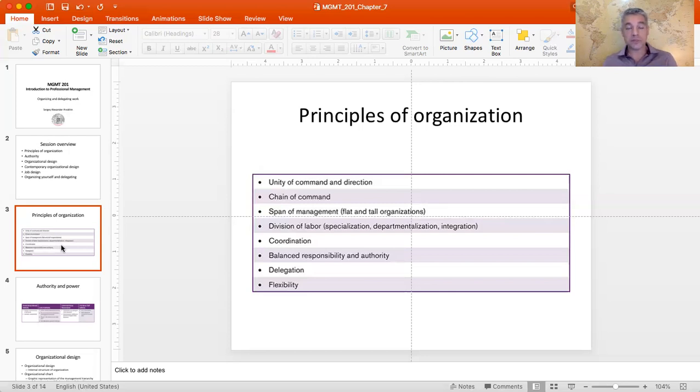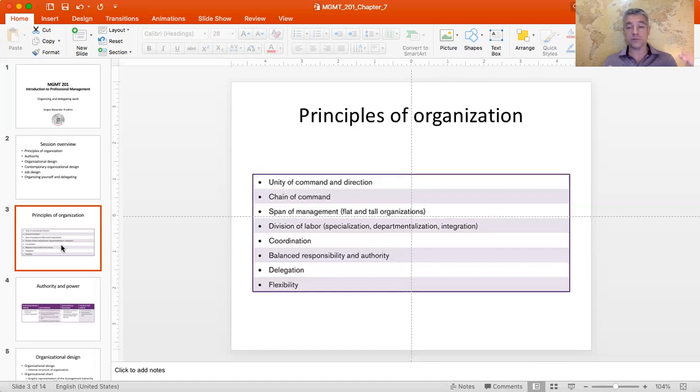And departmentalization basically refers to how those unique specialized functions within the organization are put together so that the activity of each of those functions is integrated for the benefit of the organization.